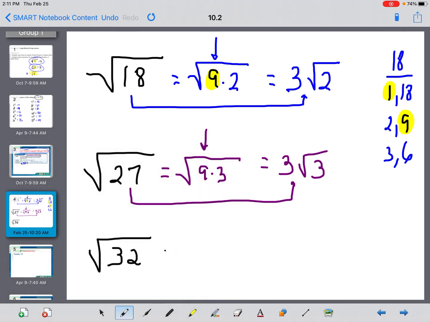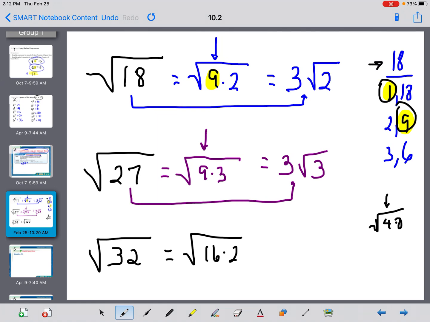Finally, we'll look at the square root of 32. Now, the square root of 32 could be written as the square root of 4 times 8, but that's not the best option. 4 is a square, by the way, but it's not the best option. 16 times 2 is the best option because 16 is the largest square hiding in there. If you remember back when we did the 18 earlier, we had 2 squares hiding in there.